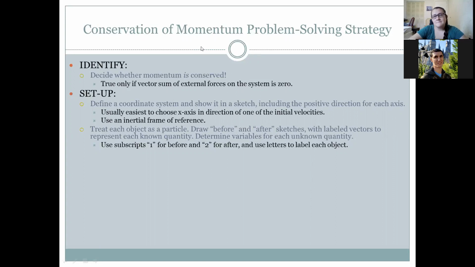So just for consistency's sake, that's what we're going to end up doing. And then using letters to label your objects instead of numbers, so like ball A and ball B as opposed to ball 1 and ball 2. Again, that's just the book's preference, but we'll keep going with that.